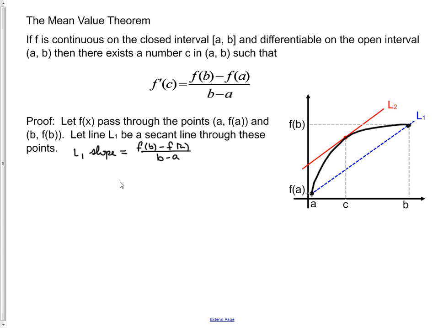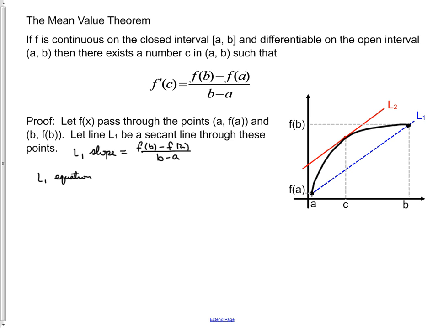So what could we do? Well, we could build the equation of a line. We can build the equation of line 1. What is the equation of line 1? Well, remember, we could use the point slope formula.